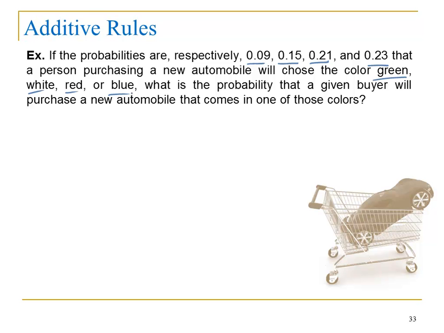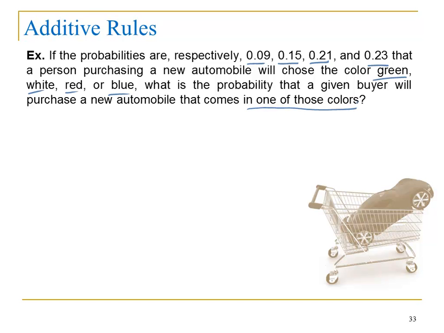If you buy a car that is green, you cannot buy red or any other color. So those events are mutually exclusive. Okay? So we identified that they're mutually exclusive. So we know that the question is asking what is the probability that a given buyer will purchase a new automobile that comes in one of those colors.